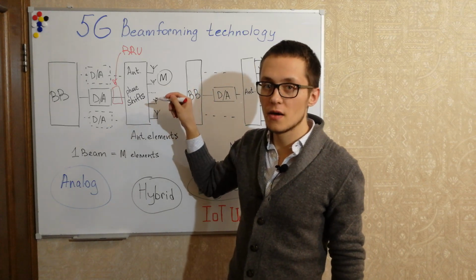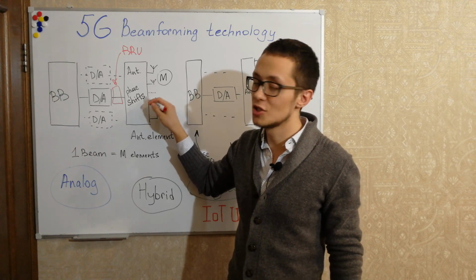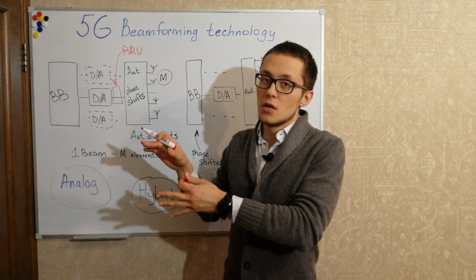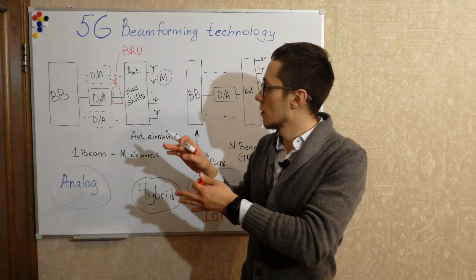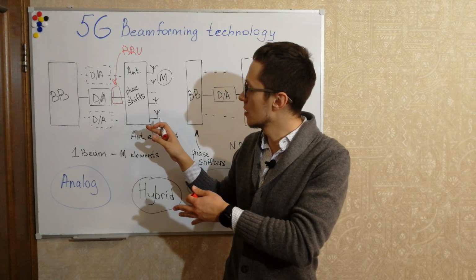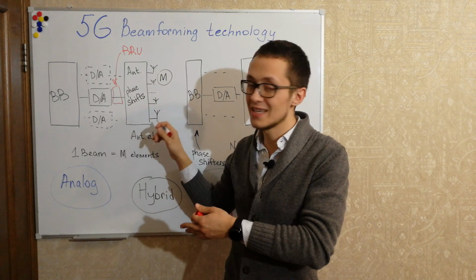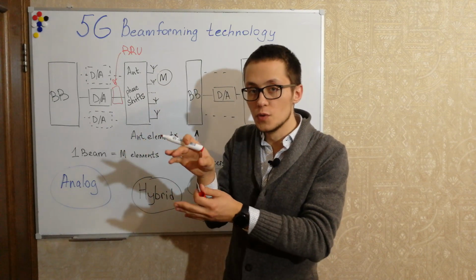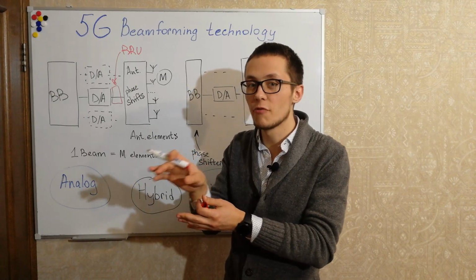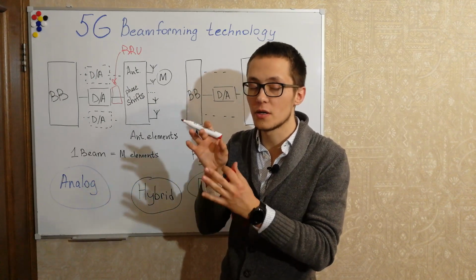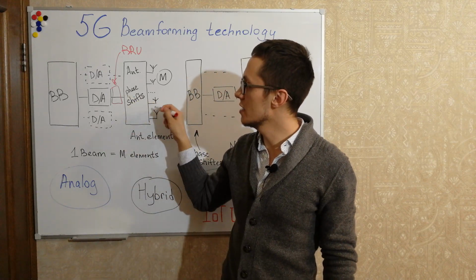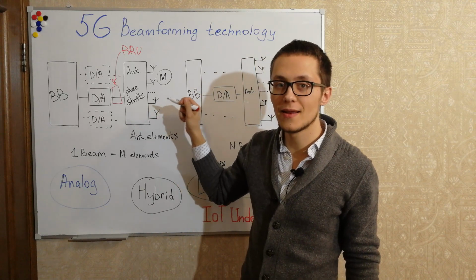Inside that antenna, we have phase shifters that can change the phase of multiple signals and adjust the whole antenna system to narrow the particular beam for the necessary direction with necessary characteristics. So this is analog form, so any changes are done in analog form.